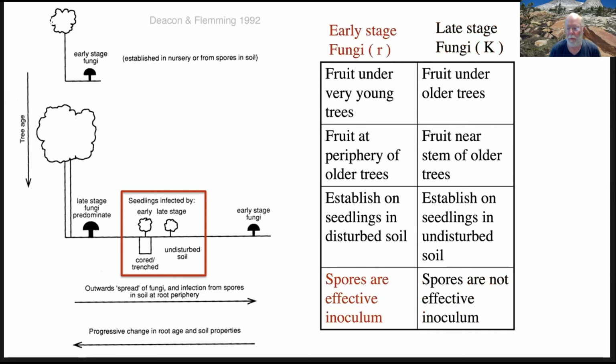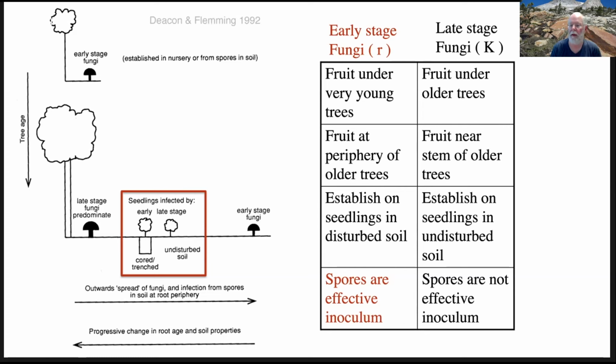In contrast, what they thought of as early stage fungi, and what I'm going to refer to as spore bank species, the spores are effective inoculum, and with these species, you can take the spores, put them in a pot, plant a seedling in, and you get colonization. Although even then, it takes quite a few spores.